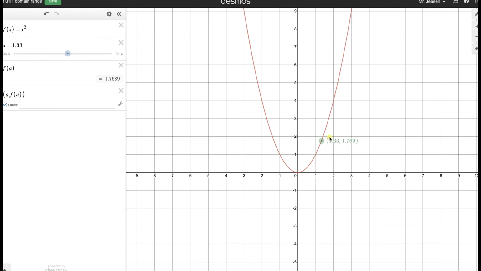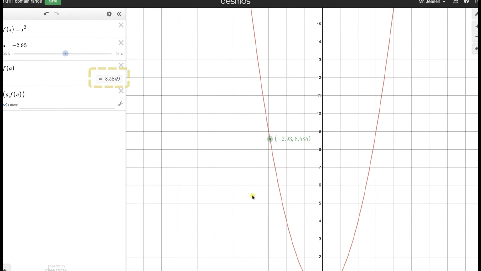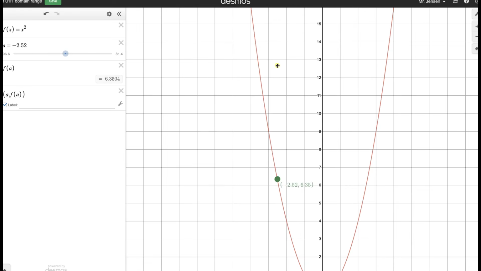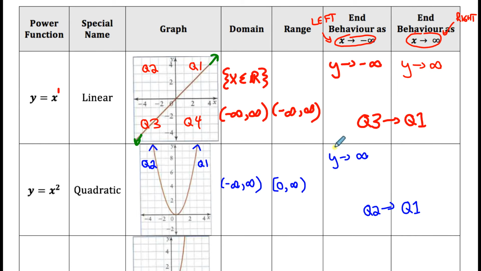Well, as I move this point forever to the left, pay attention to the y values of the point. They're going infinitely high. We'd say they're going to positive infinity. Y is going to infinity. And same if I move this point infinitely to the right. So as x goes to infinity, what's happening to the y values? The y values are also going to infinity.